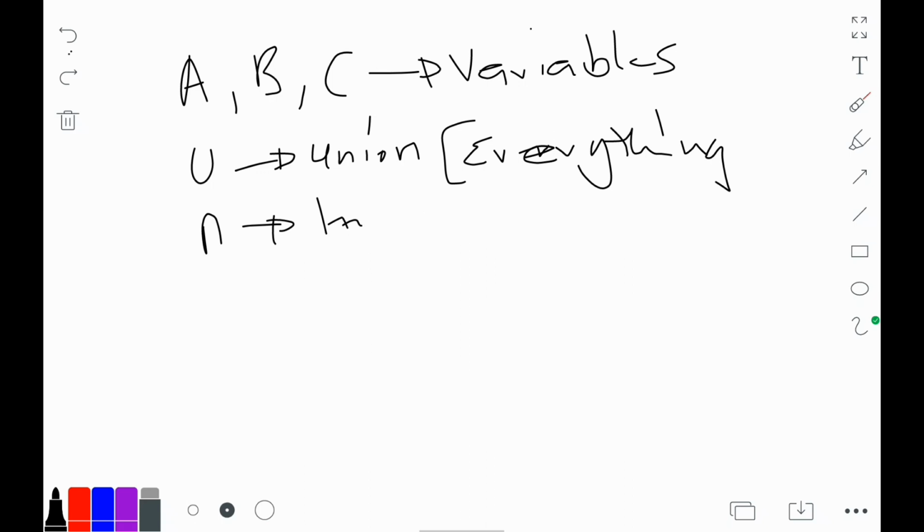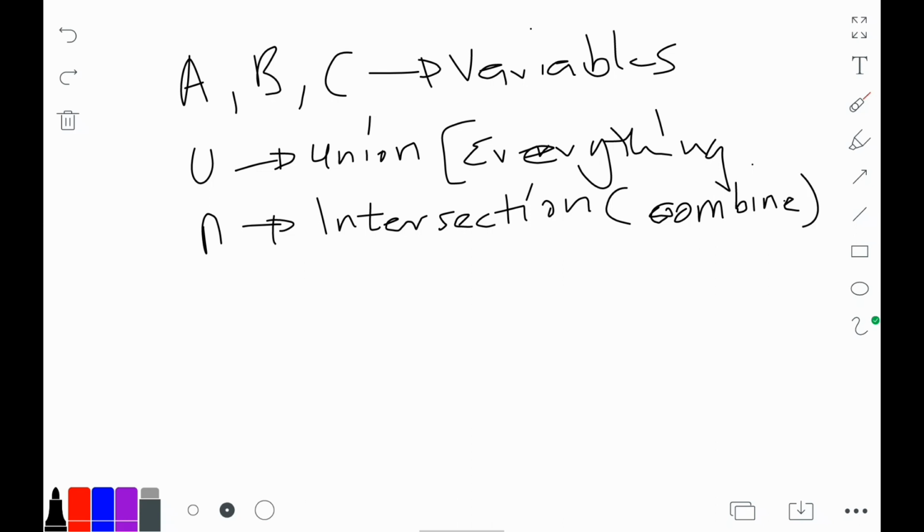Let me just write it properly. Intersection is where two things combine. I'll just write the word combine, where two things combine.